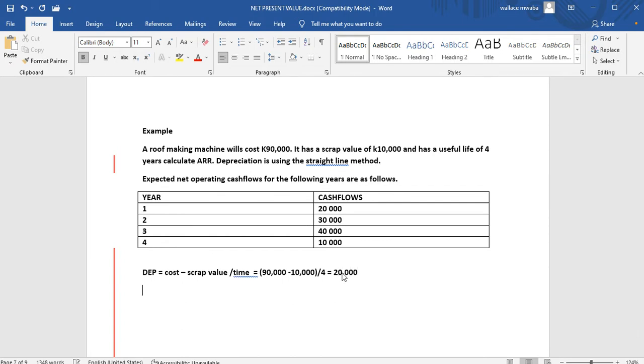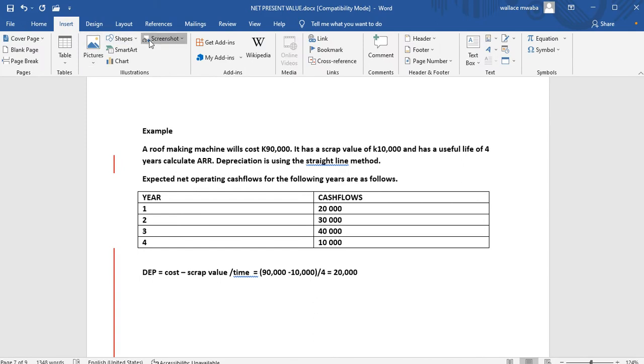And now, since we have our depreciation, we can calculate our profits for each of the years.